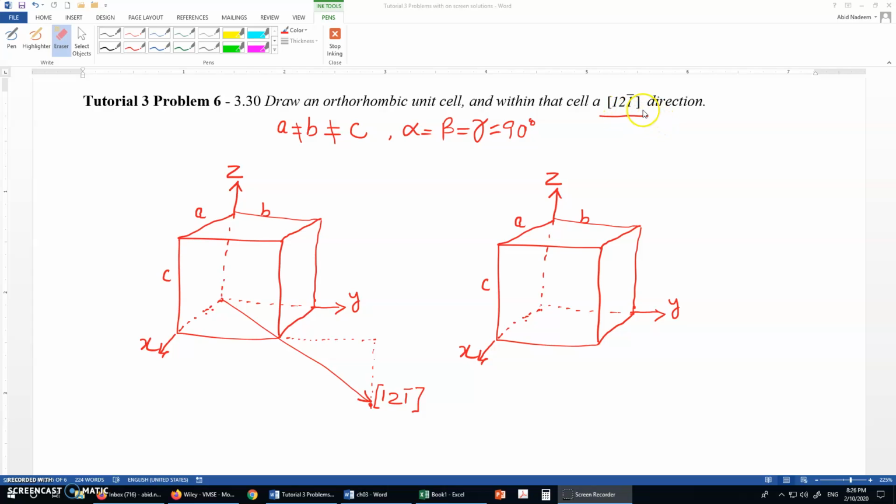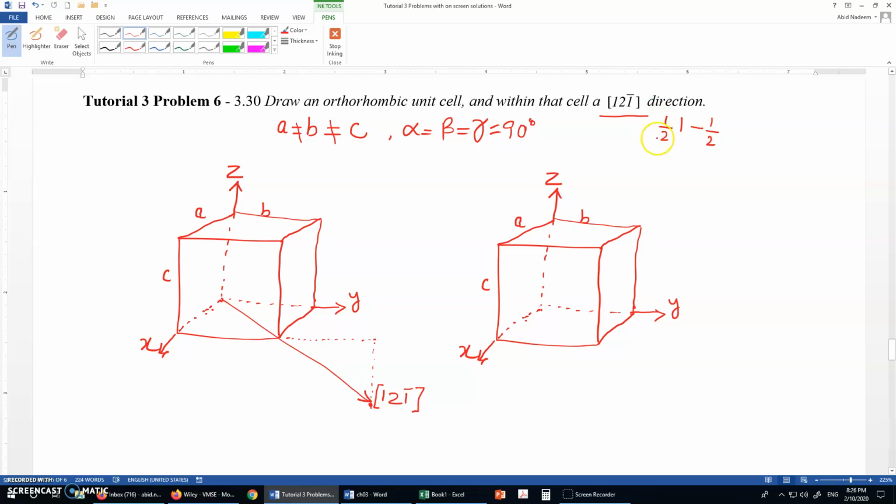For this purpose, I need to divide these directions by the largest of these values, which is 2. If I divide it, the first value becomes 1 divided by 2, the second value becomes 1, the third value becomes minus 1 by 2.